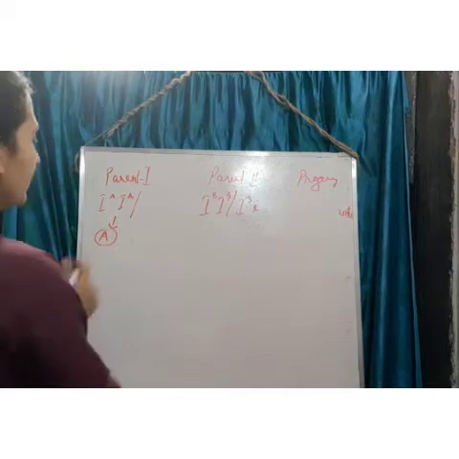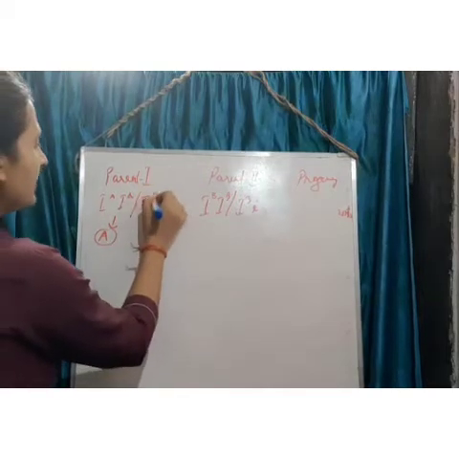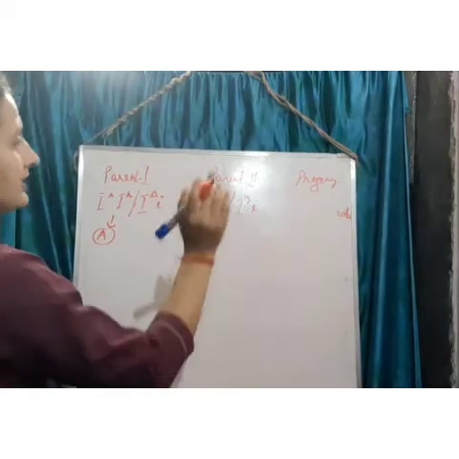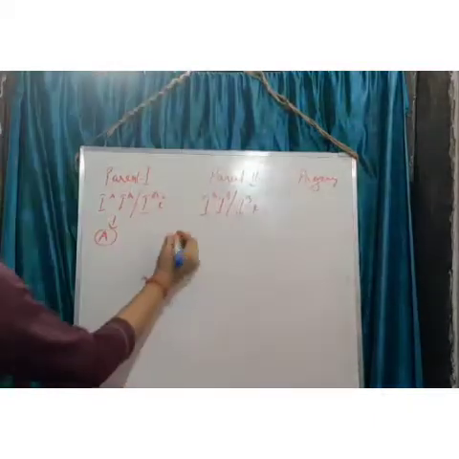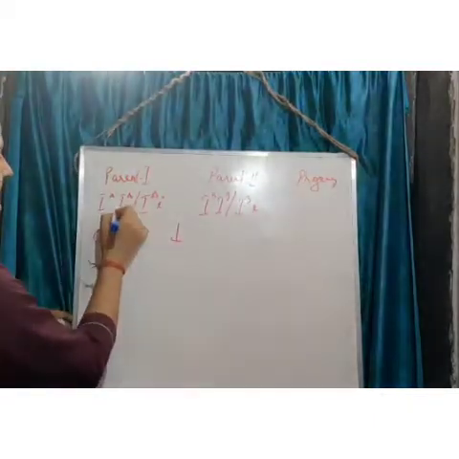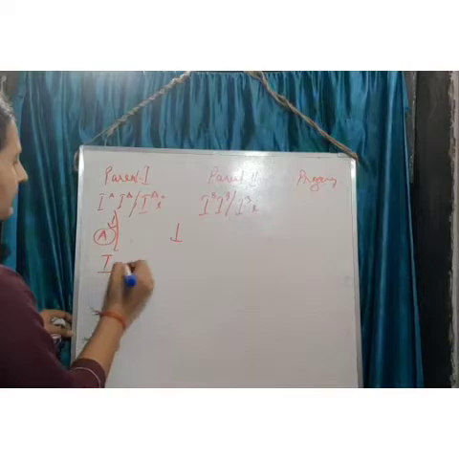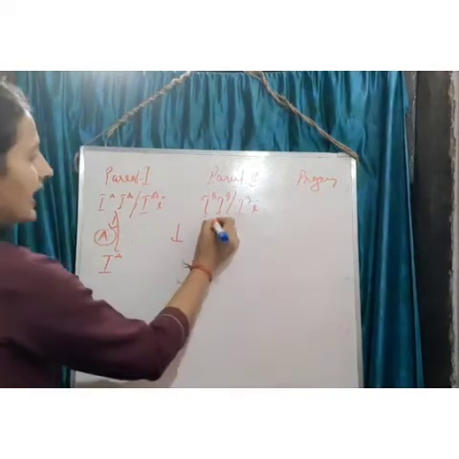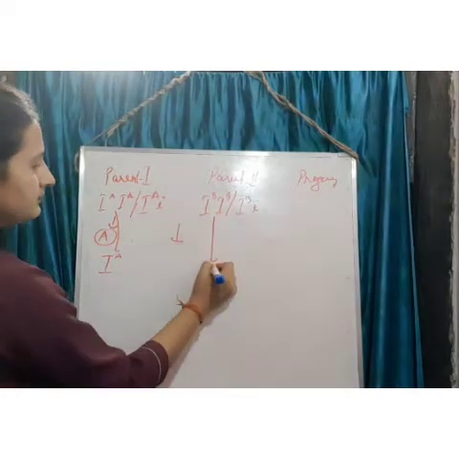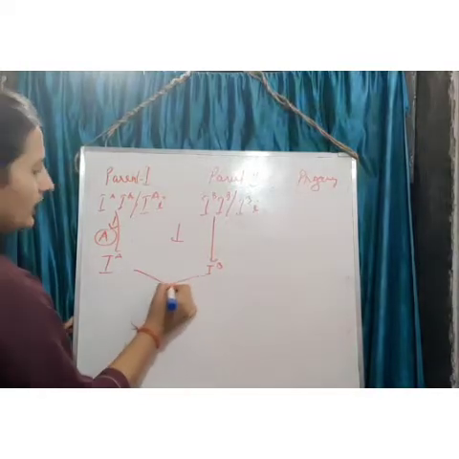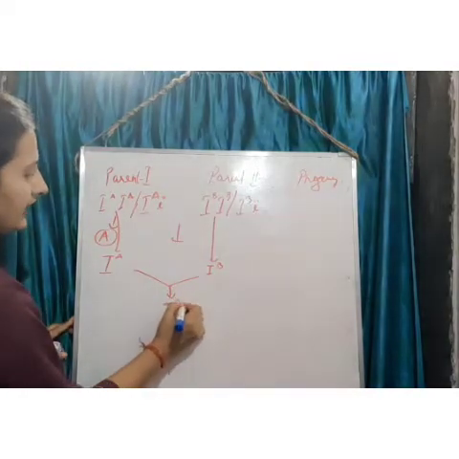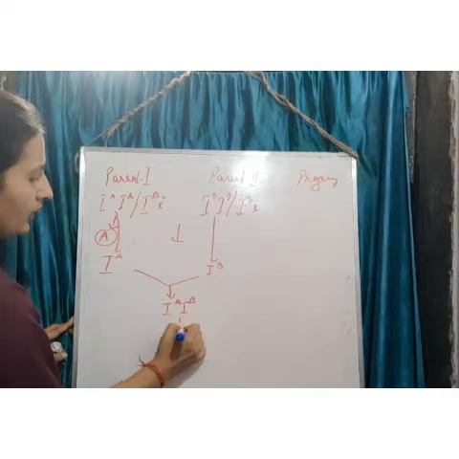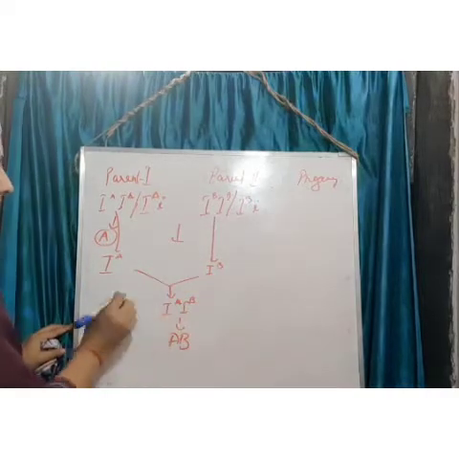Now the blood group that the progeny can have, there are some possibilities. Let me show you here. First, suppose we take this one. From here one gamete will come down, right? And suppose the first one, then the blood group will be IA IB, that is AB. Now why AB?